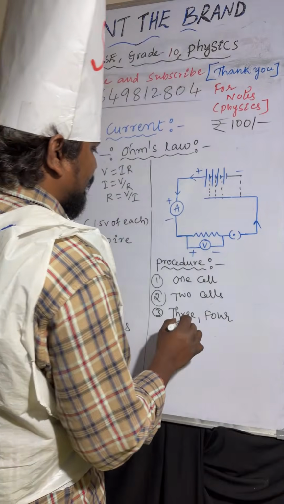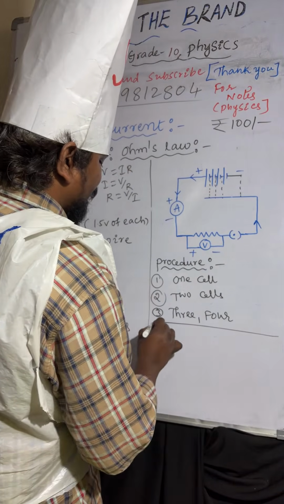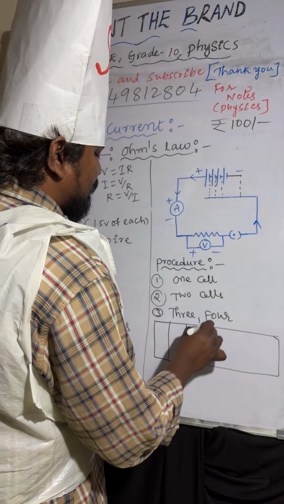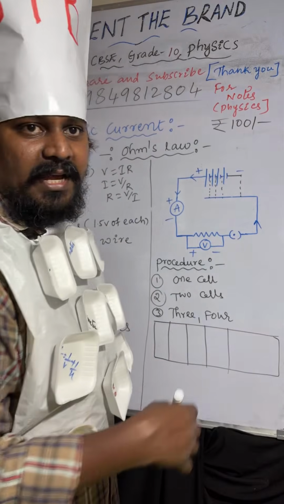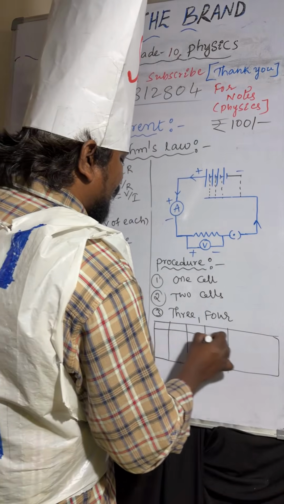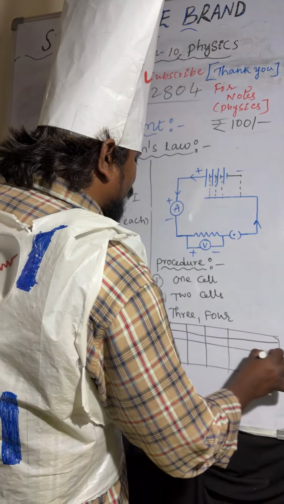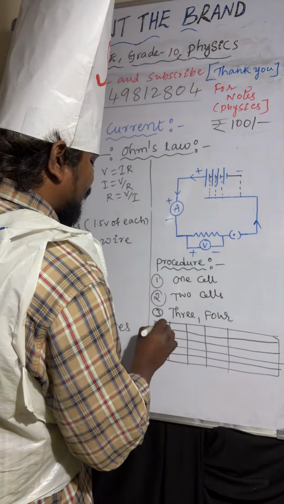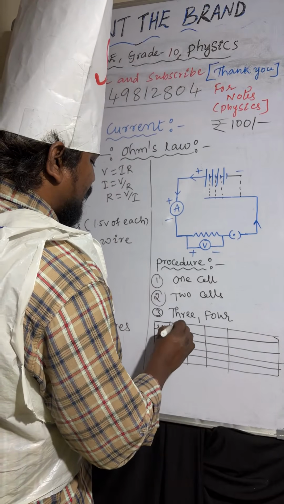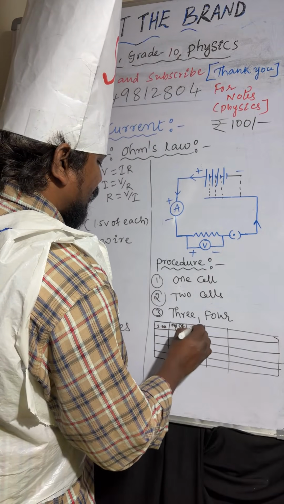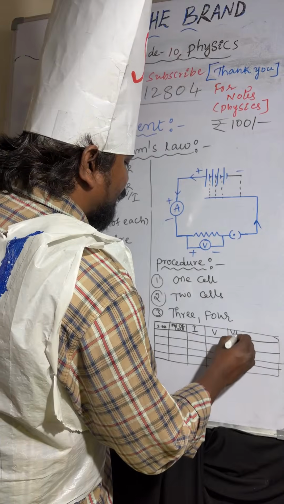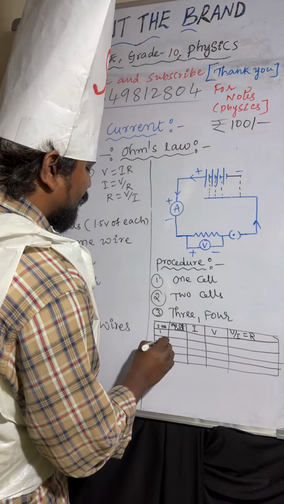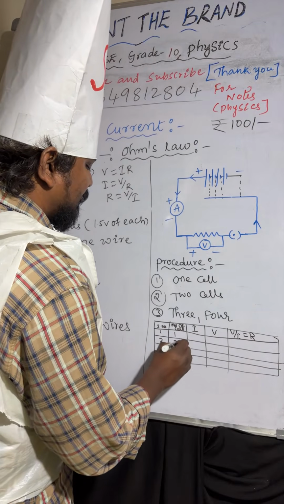So you can observe here: serial number of cells, ammeter reading, voltmeter reading, V by I form, that is nothing but R. So 1, 2, 3, 4.